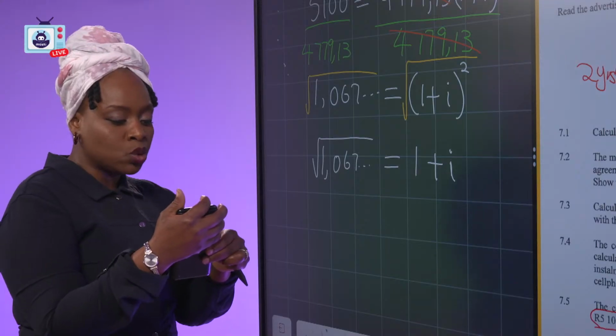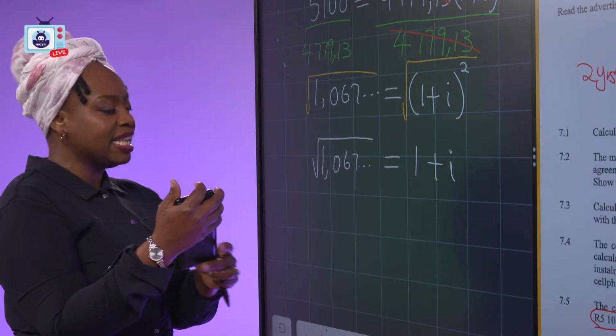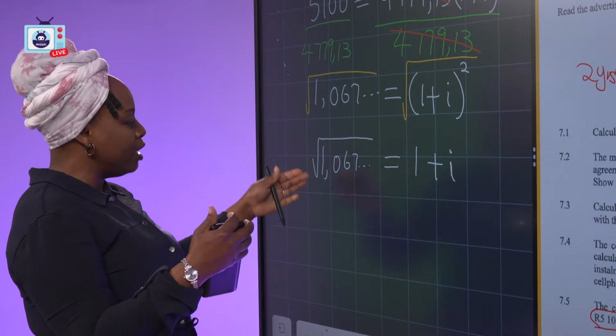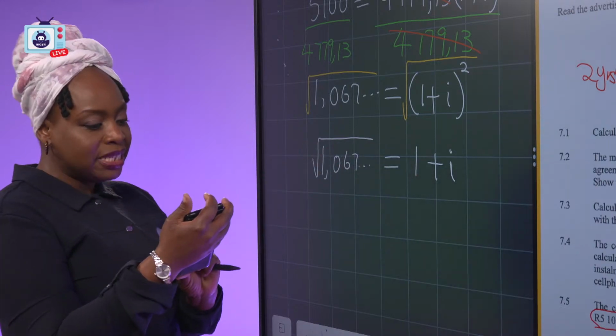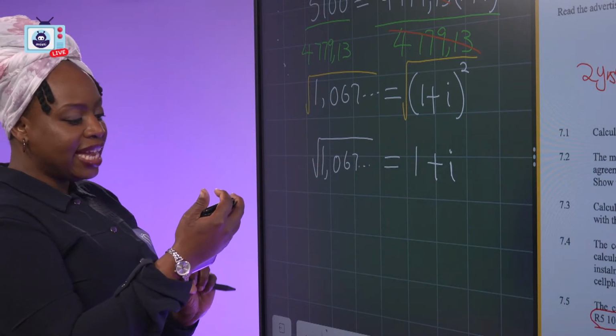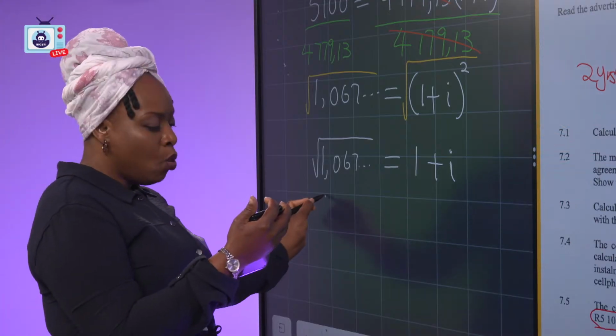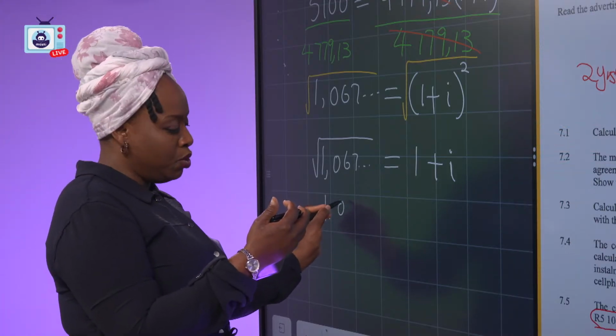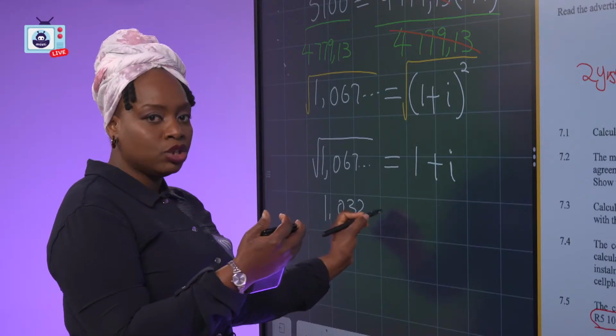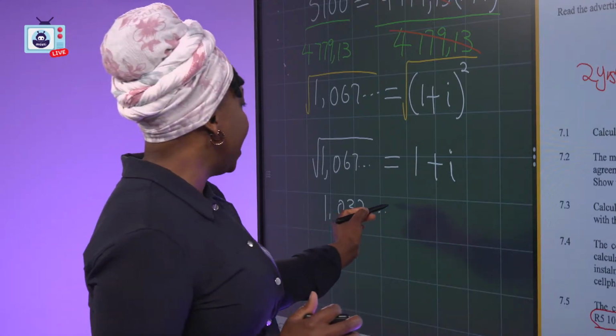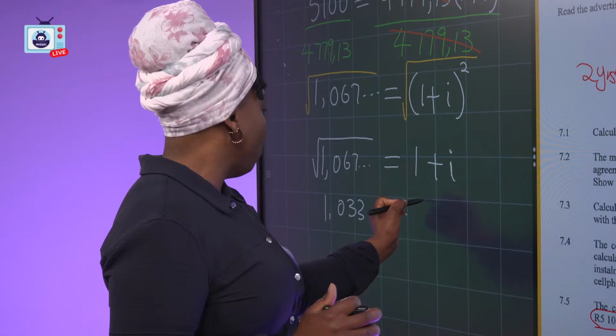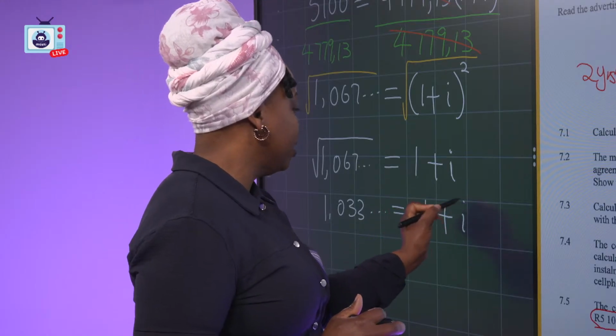But when I press square root and I say answer, the whole sum of 1,067 comes in. So that gives me 1,033 and so on. Then I have that with my 1 plus I, right?